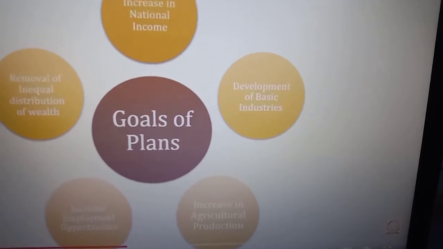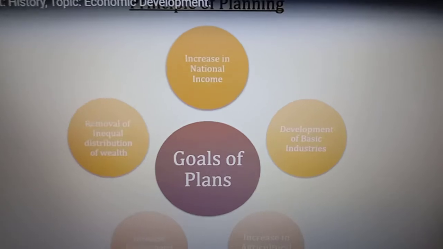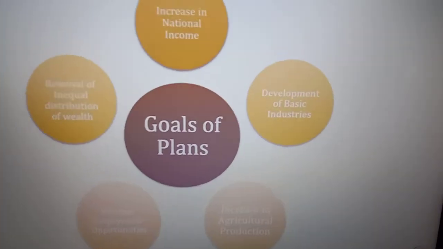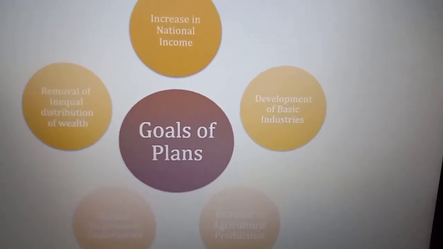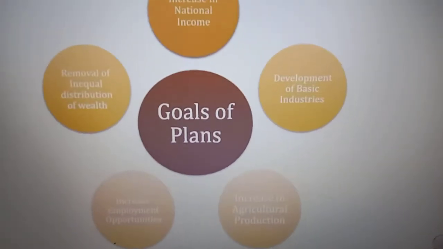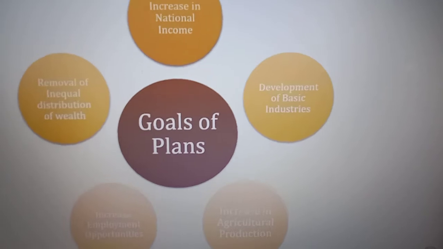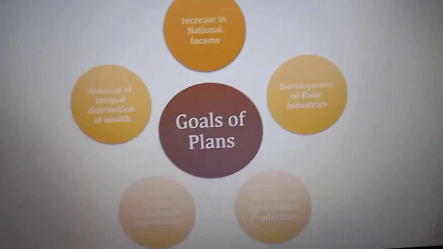The first is increase in the national income. When industries develop, our economy will develop, agriculture facilities will improve, so automatically the national income of a country will also increase. Bring about rapid industrialization by focusing on basic industries.